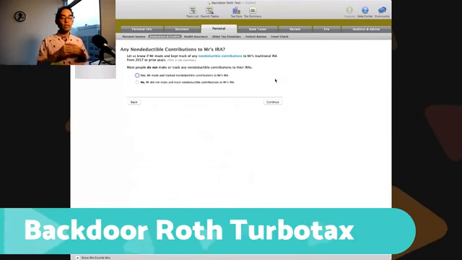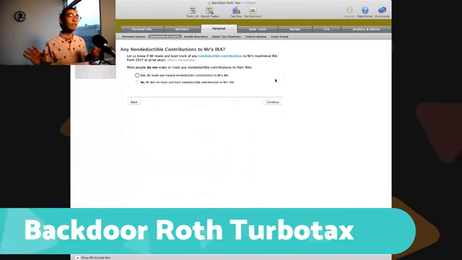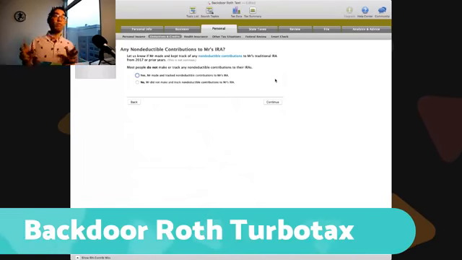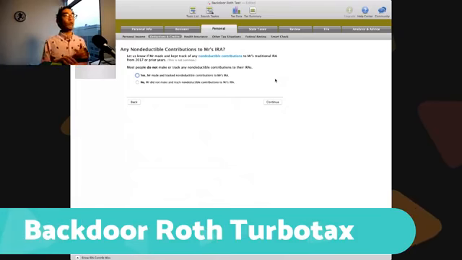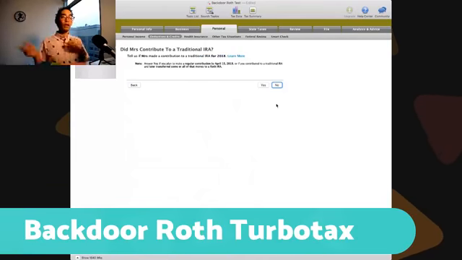Okay, so for simplicity, we're going to assume that 2018 was the very first year that a backdoor Roth was done. So this was the very first time any non-deductible traditional IRA contributions were made. Okay, so we're going to say no, Mr. 39.6 did not.